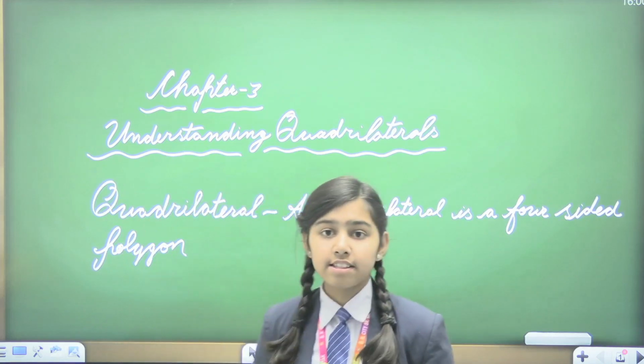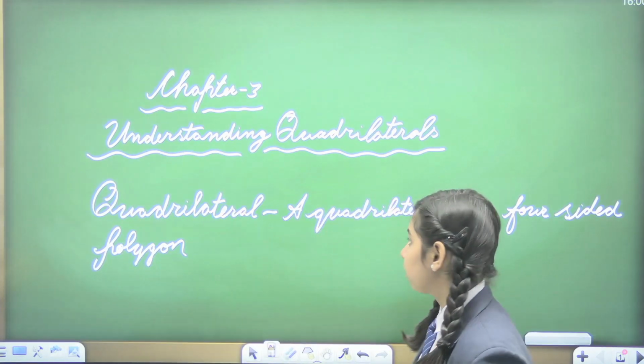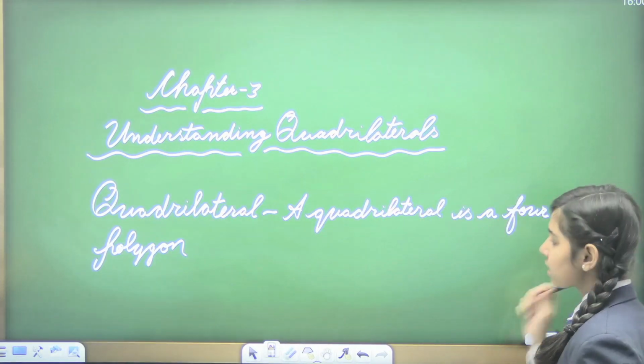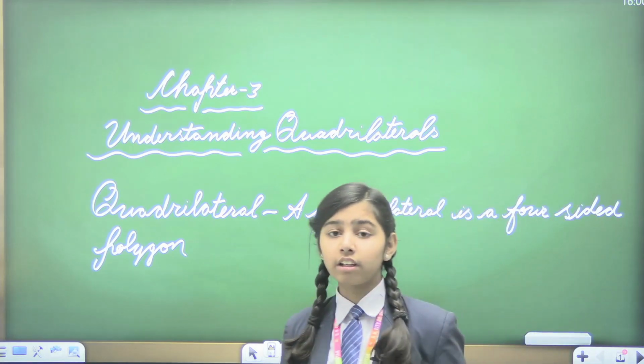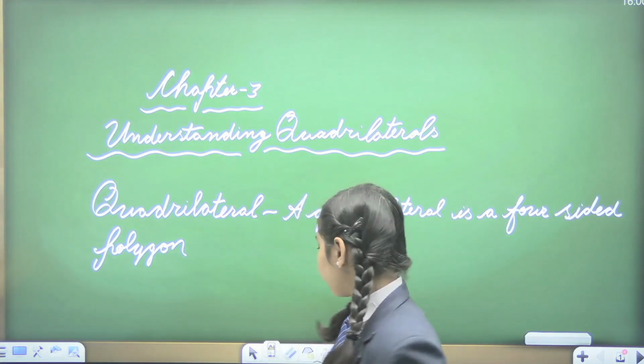So as in the definition, a quadrilateral is a four-sided polygon. So what is a polygon? Do you know what is a polygon?